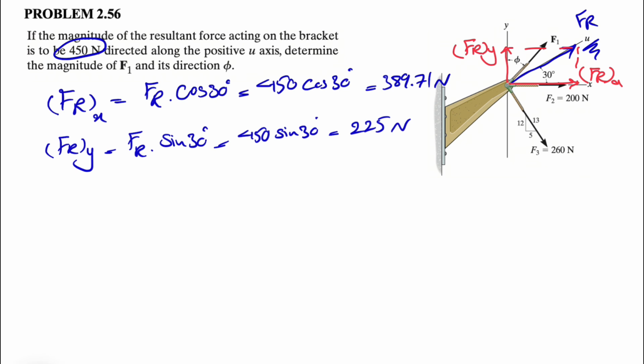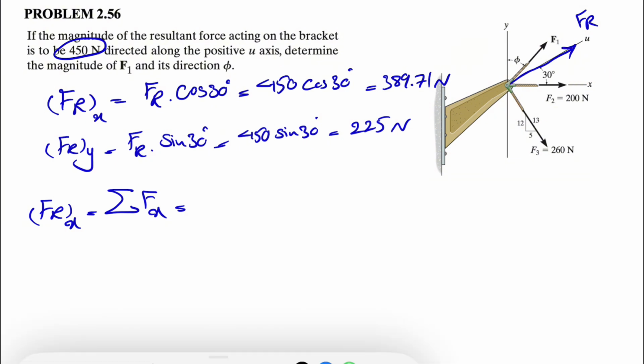So Frx would be the sum of all forces in the x direction, which starts with the x component of F1. I'm going to clean up the figure so we can see it better. If we want to show the x and y components of F1, this is our F1. This will be the y component, F1y, and this will be F1x.